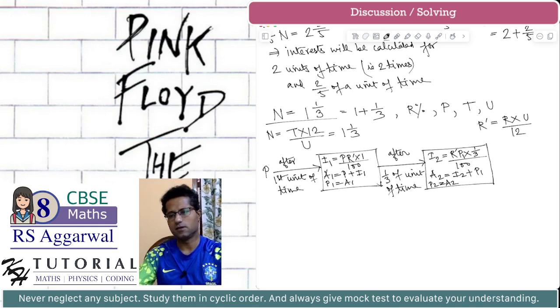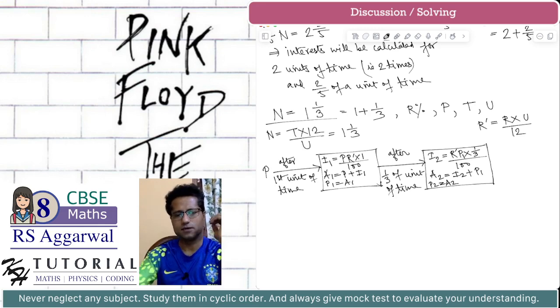So that is the reason we are multiplying by 1 by 3 instead of 1, because we are calculating I2 after 1/3 of unit of time. Whatever this fraction will be, in this case I have considered 1/3. If it was 2/3, then we would have multiplied 2/3 in the calculation of I2. Okay. So this is the scenario where the n was coming to be 1 and 1/3.